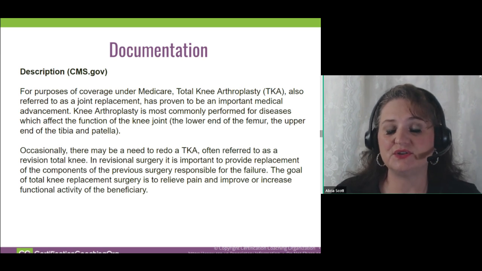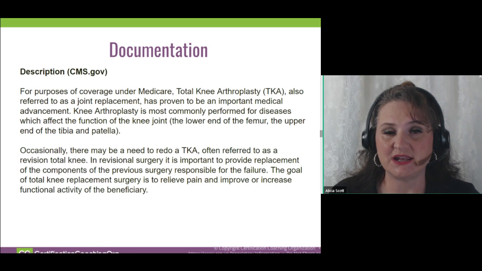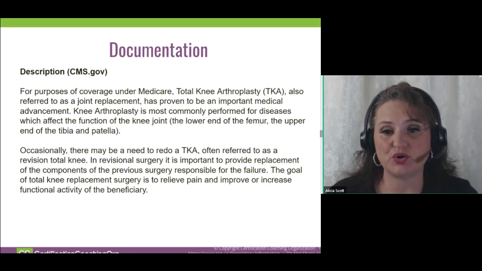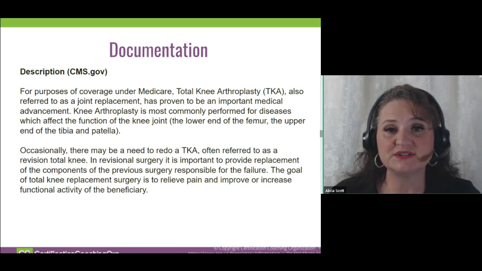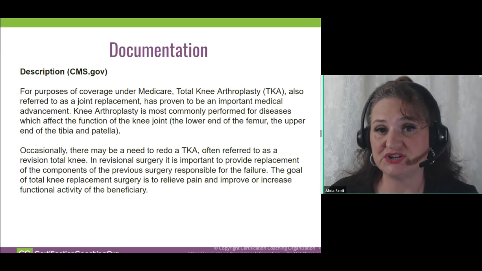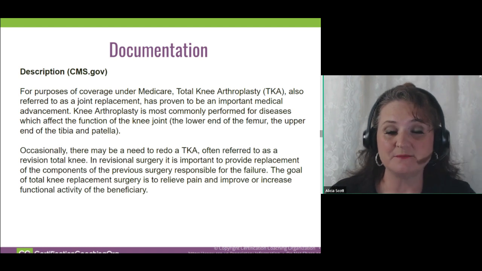All of this verbiage is important to understand because it means there are different codes. The goal, of course, is to give pain relief and improve functionality, which we mentioned in the beginning.